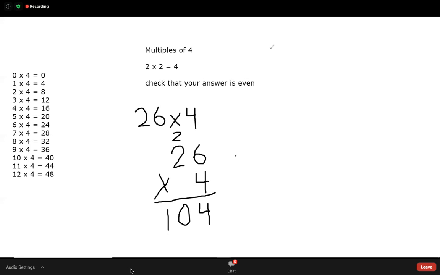Okay, so let's move on to our multiples of 5. And multiples of 5, I think they're very, very easy. The multiples of 5 are easy because the answer will end in 0 or 5.